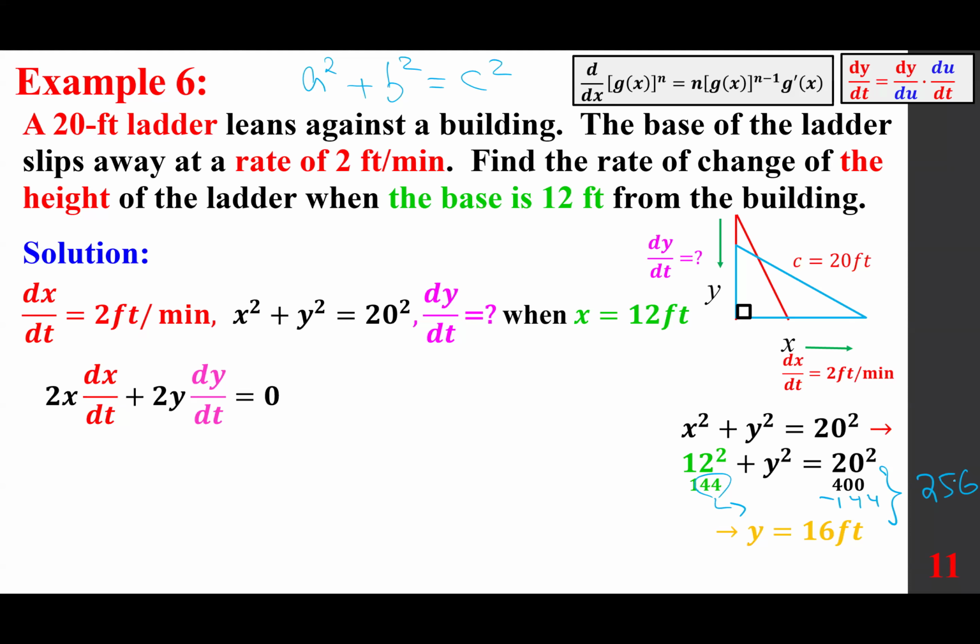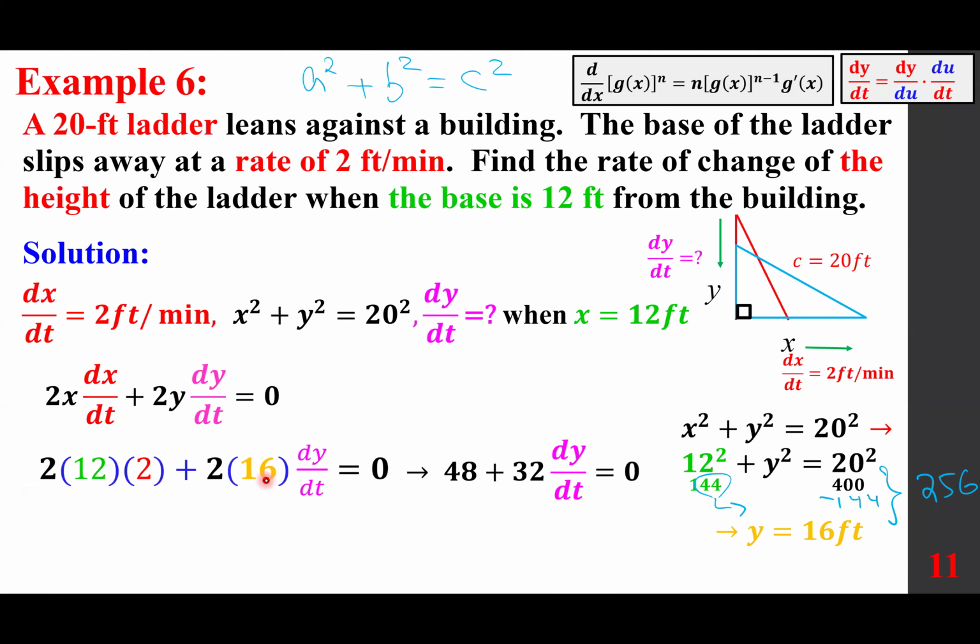Now we can plug in and we have everything except dy/dt. So when we plug in, 2 times 12 times 2 is 48. 2 times 16 is 32. We get 48 plus 32 dy/dt is 0. Move the 48, make it negative.